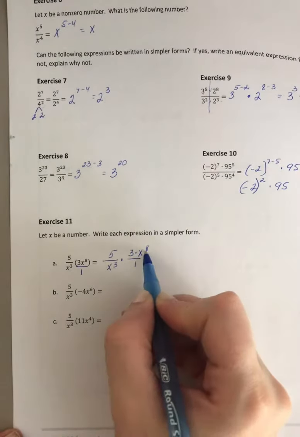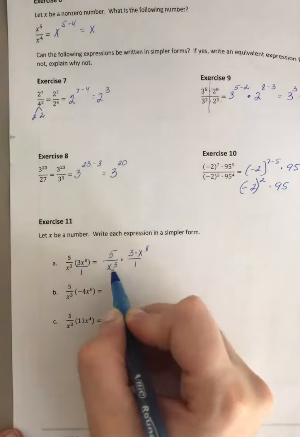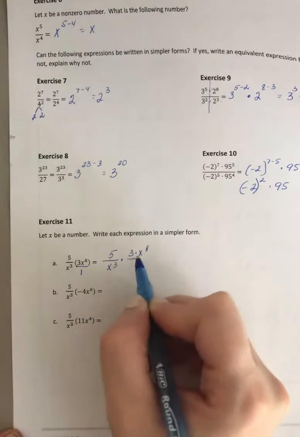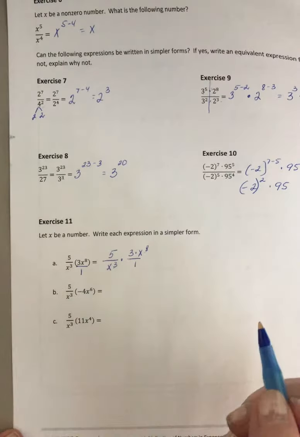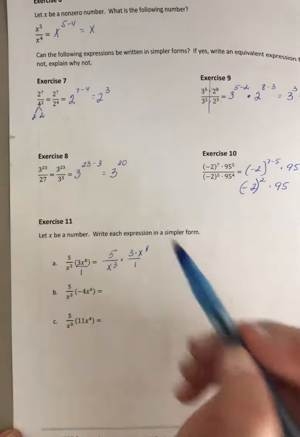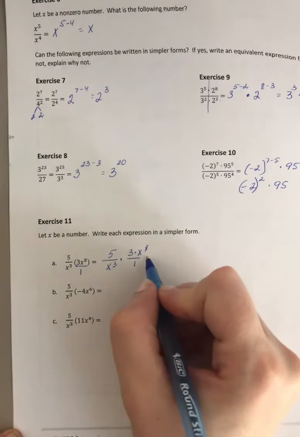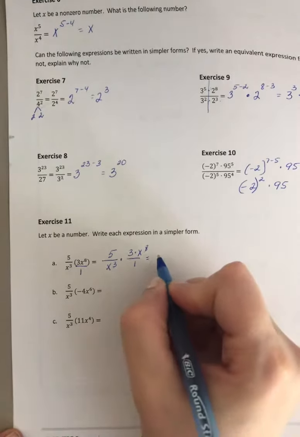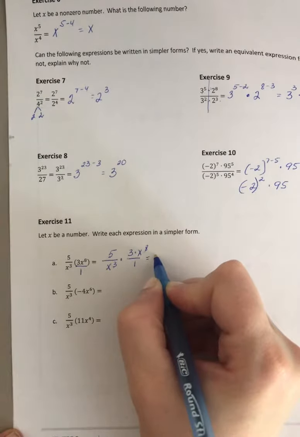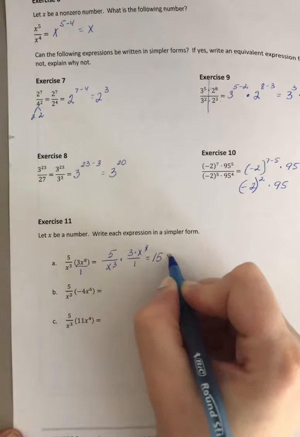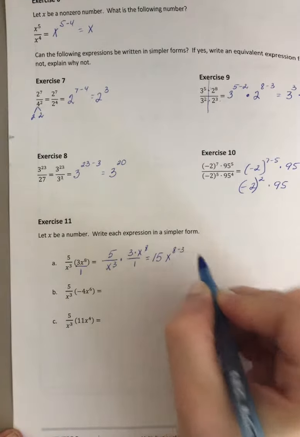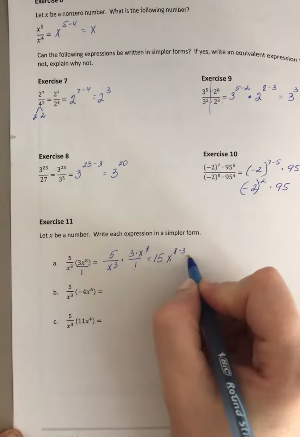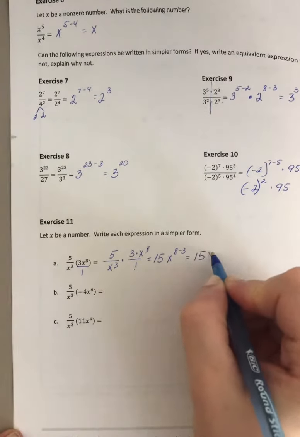I can see that I can simplify these x to the 8th and x to the 3rd because they have the same base but different exponents. And using my rule of quotient, I can actually do that. And I can multiply 5 times 3. That is basic multiplication. So I will have 15 x to the power of 8 minus 3. I don't have to worry about this one because it doesn't really mean anything. So I will get 15x to the 5th.